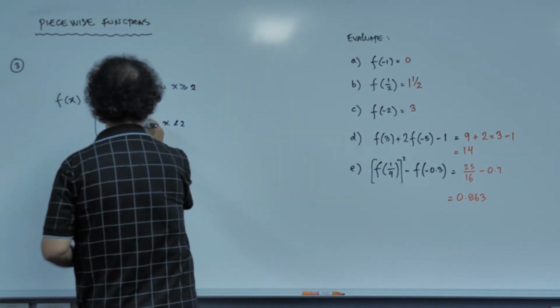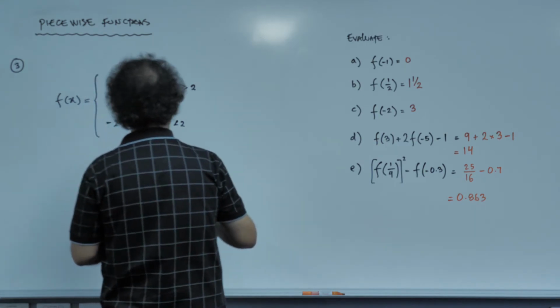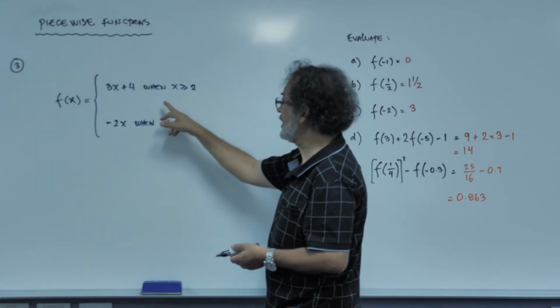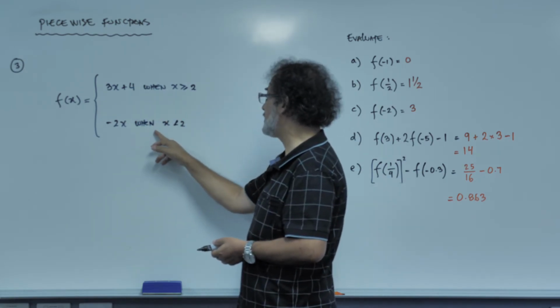Is that meant to be negative 2? No. Okay. 3x plus 4 when x is greater than or equal to 2, and negative 2x when x is less than 2.